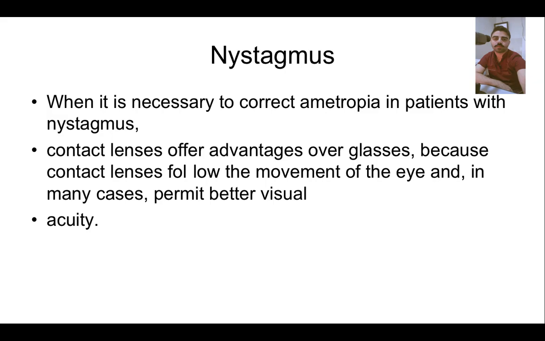When the patient wants to see clearly using glasses, he will experience different vision from the center and different vision from the periphery as well, because the thickness of the lens will be different when we move from center toward the periphery. And if you want to provide a better visual experience to the patient having nystagmus, you can better correct this patient by prescribing a contact lens.